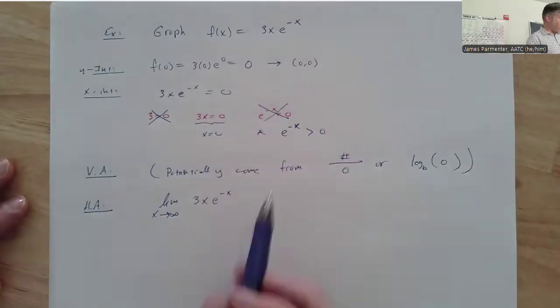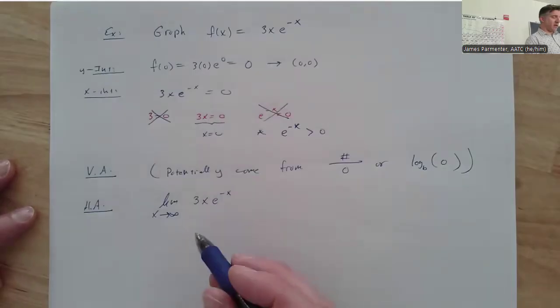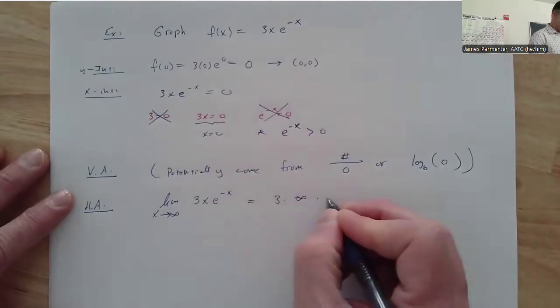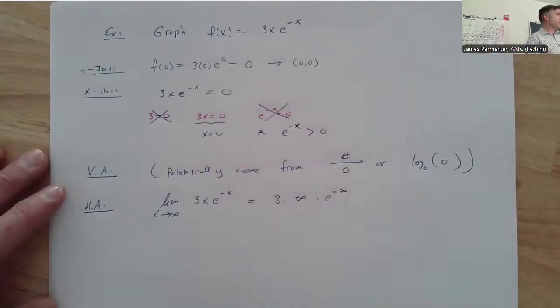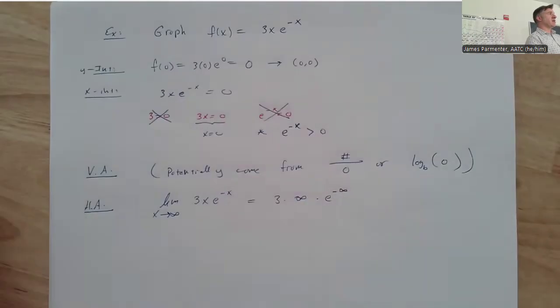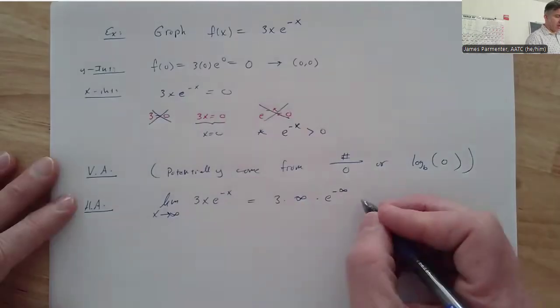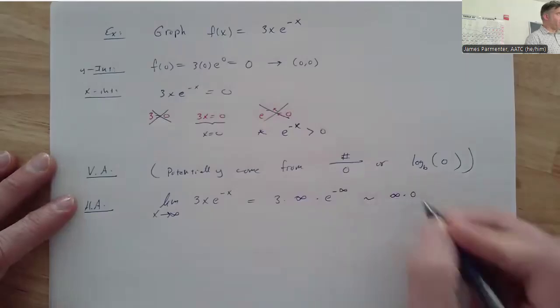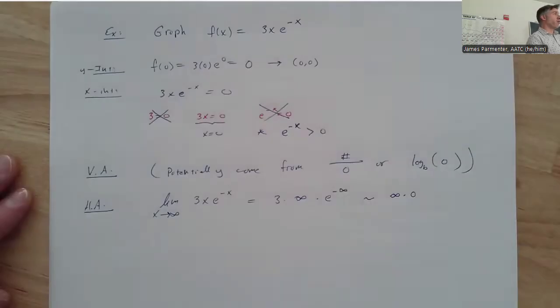Because if you plug in infinity, you're going to get 3 times infinity times e to the negative infinity. And e to the negative infinity is really, really close to 0. So this is essentially what we call an infinity times 0 indeterminate form.